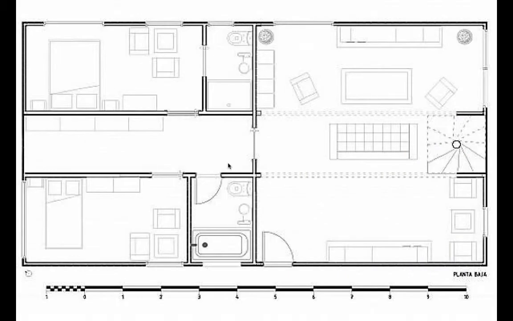And this is what the floor plan looks like. So this is going to be a container right here. This is going to be the other container right here. You can see where I showed where we're going to cut this whole section out. And the other one opposite, this whole section will be cut out. In here, where the space between the two containers of about 5 to 6 foot, there's going to be wood floors.